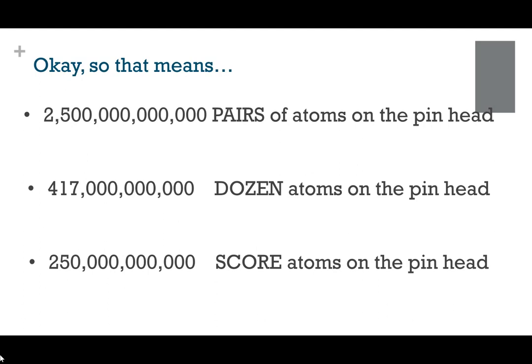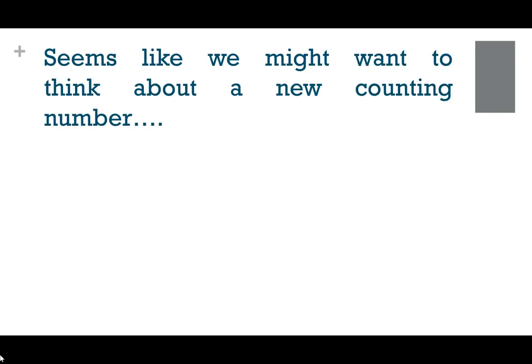If I talk about how many dozen or how many score of atoms are on the end of that pin, still lots and lots of zeros in those numbers. So it really doesn't make them any more user-friendly. So when we're talking about things in chemistry, it seems like we might need a new counting number, one that encompasses a larger amount of things.